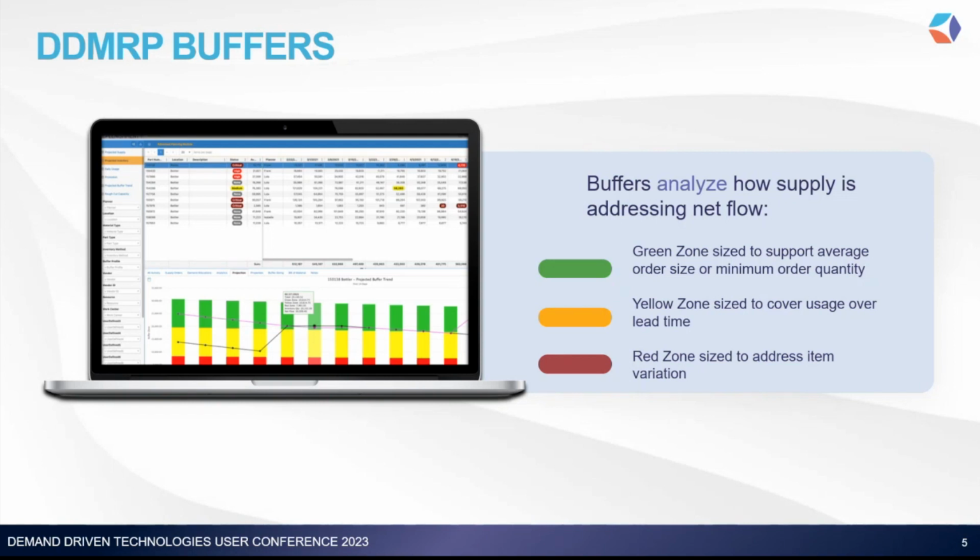The really standard DDMRP way is to use purely historical consumption, typically around a 100 to 120 day rolling average, something like that. So over the past 120 days, how much have I consumed? Or on average, how much have I consumed over that time horizon? Multiply that by the lead time, and that gives us our yellow zone size.